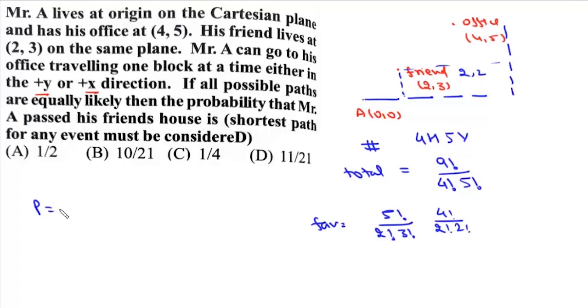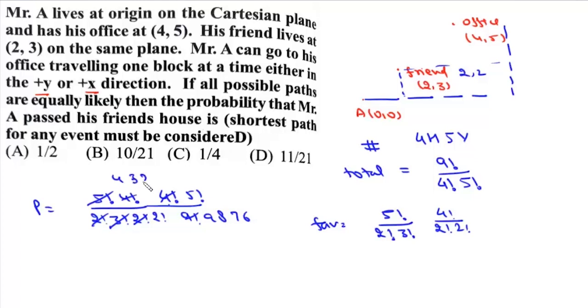So the required probability will be the favorable case, factorial 5, factorial 4, upon factorial 2, factorial 3, factorial 2, factorial 2, divided by the total, which is factorial 9 over factorial 4, factorial 5. Now this is factorial 4. This is 9, 8, 7, 6, and this is 4, 3, 2, 1. Now 2 will cancel.